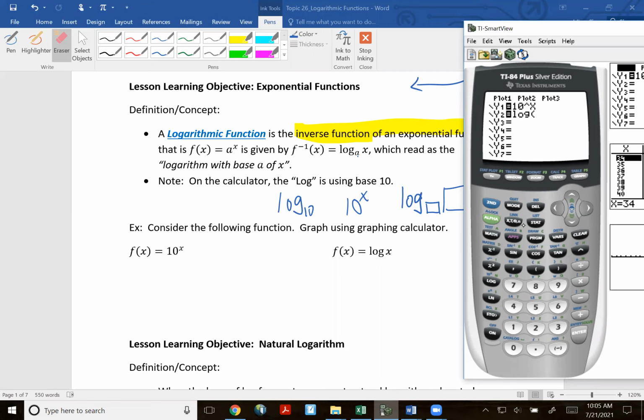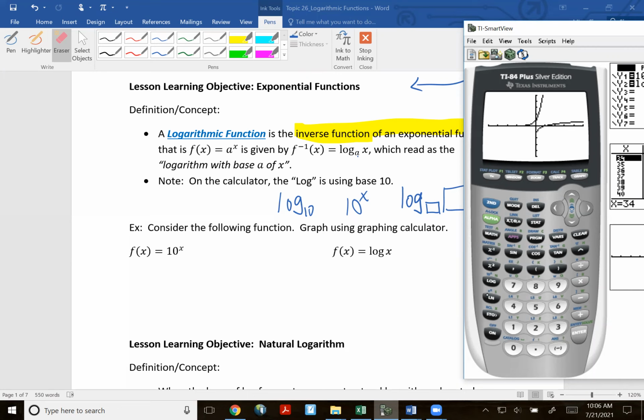It's log with base 10 of x. So the first one is an exponential function, and the other one is your log function. They are inverse to each other. I'm going to zoom in a little bit. 10 to the x and log of x. All right, they are inverse to each other.